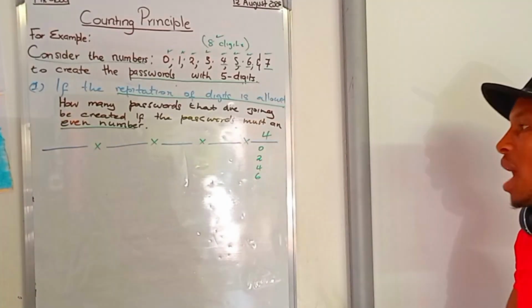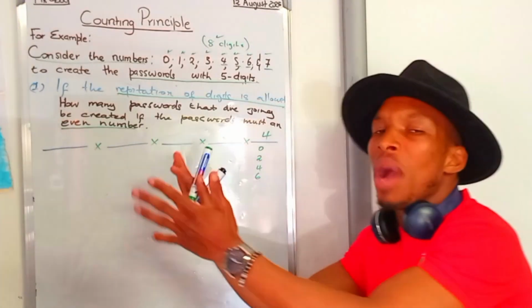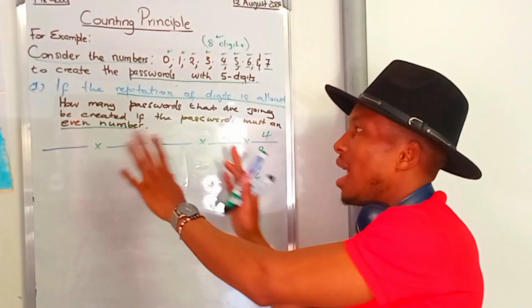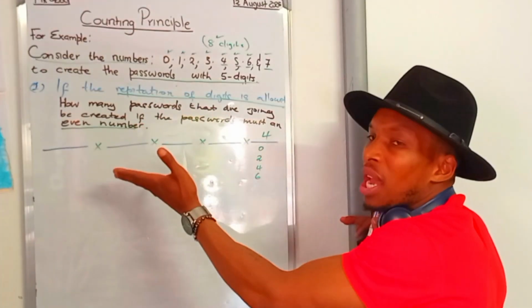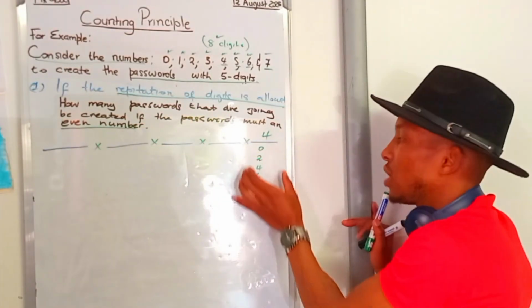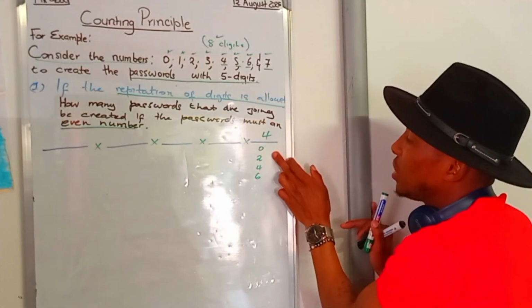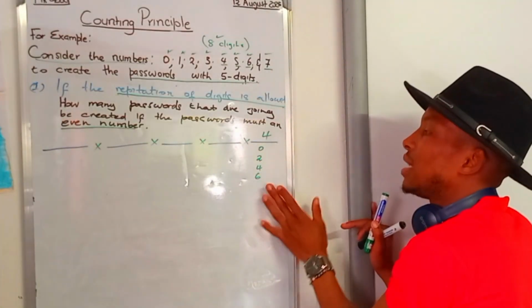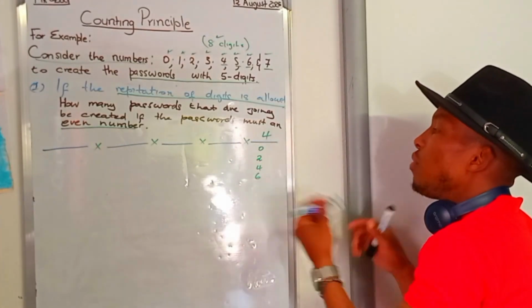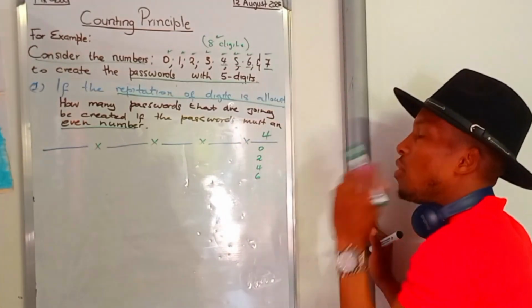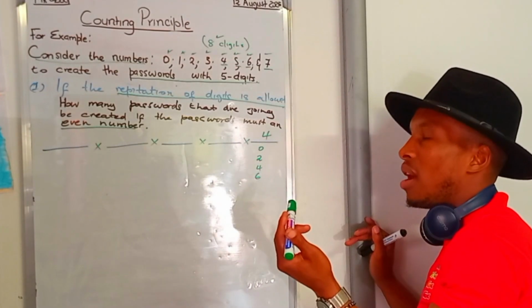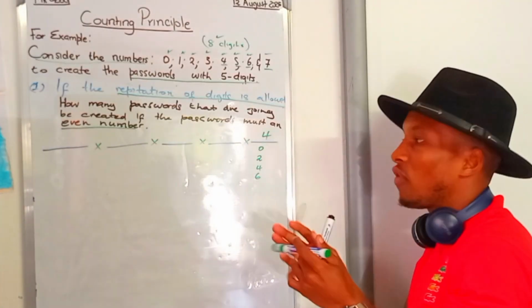The code must be an even number, so for the other positions we don't care which number we choose. The only thing that is important is the last event. That event must end with 0, 2, 4 or 6. Here we don't care; we are just using the numbers. You bring it back on the total sample space.